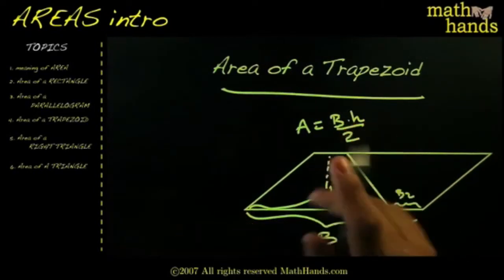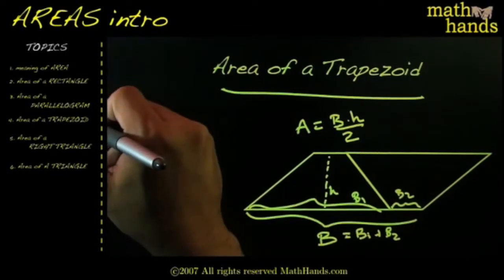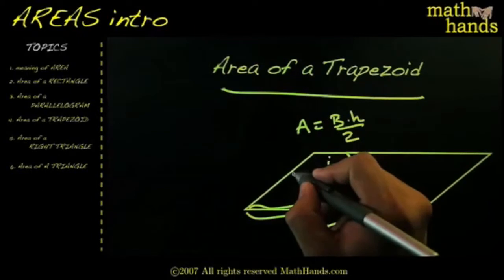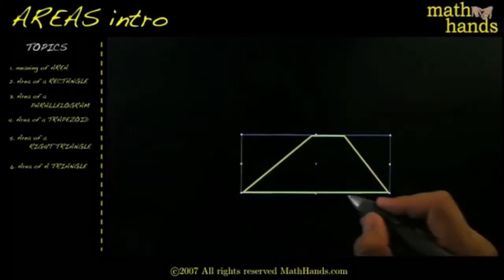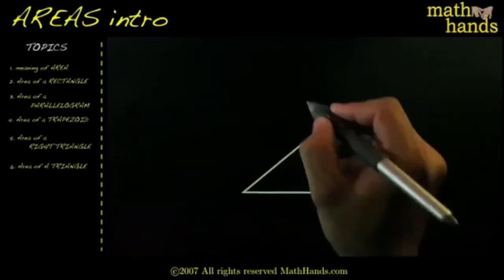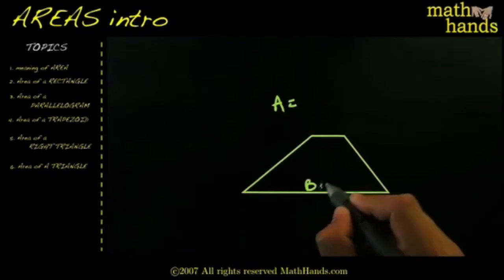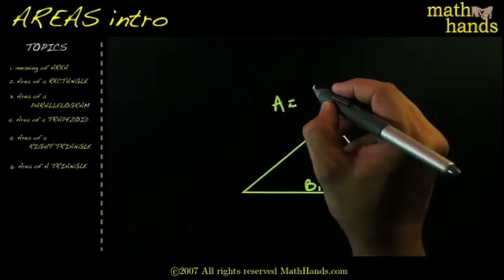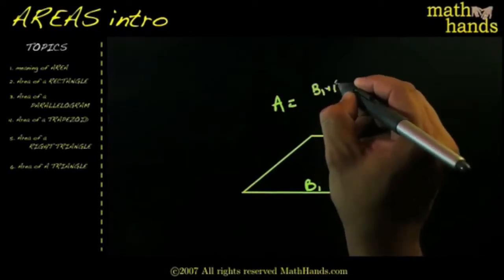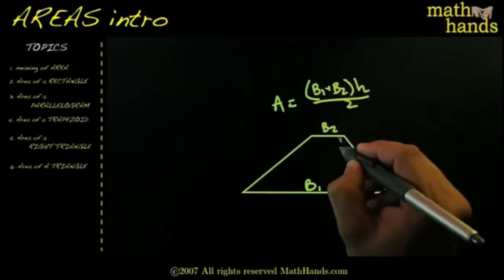So then I go back here and I can conclude something very, very important and very, very famous, namely that what can I conclude? If I take something like this, I've called this B1 and I call this B2, two bases, then the area is equal to B1 plus B2 times the height divided by 2, where this is a height.